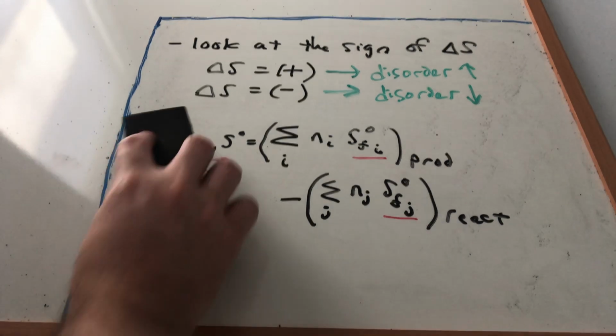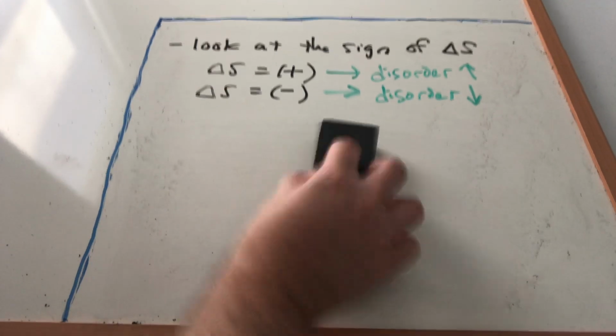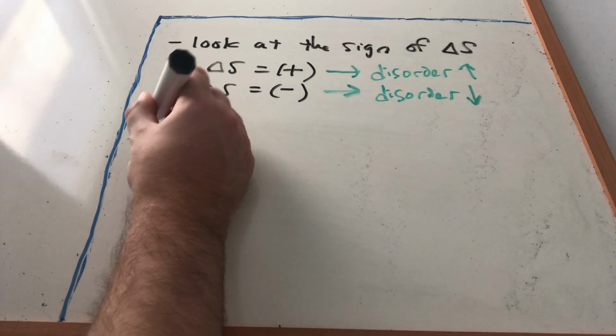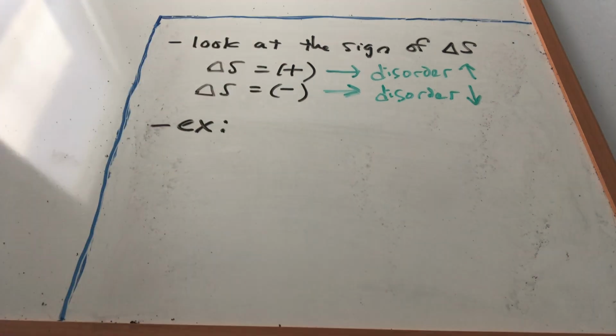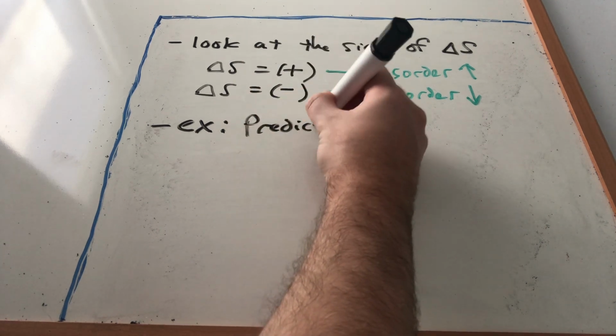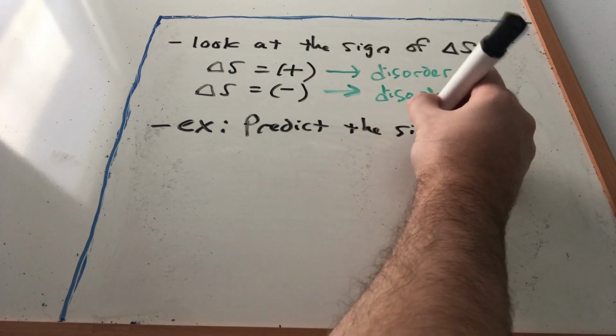Books and Chem 101 professors like to ask these sorts of questions. The types of examples that we're going to go over next are predict the sign of delta S. So what if we didn't have that table? What if we had to go ahead and predict the sign ourselves?